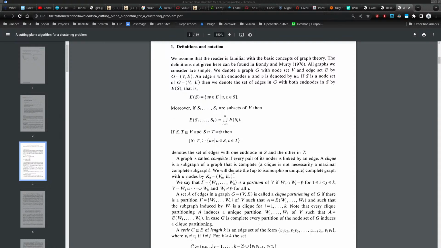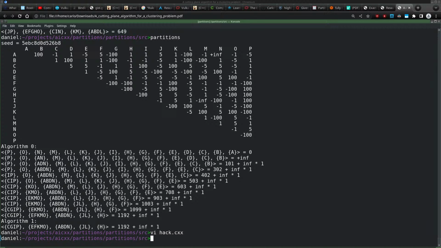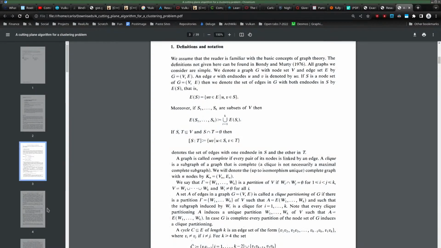For example, this would be a K4, this is a K4, and this is a K4, and this is a K2, and a K1, etc. But we have multiple K4s here, so you might have to write down the vertices that actually go into it.